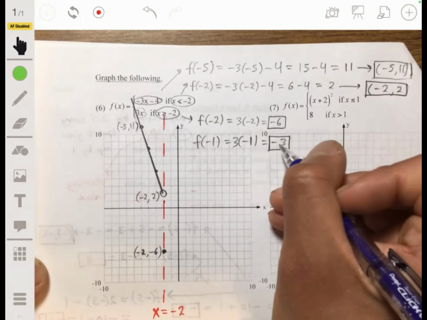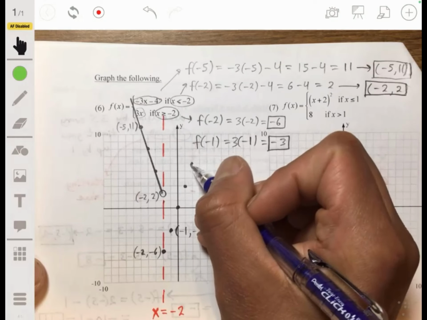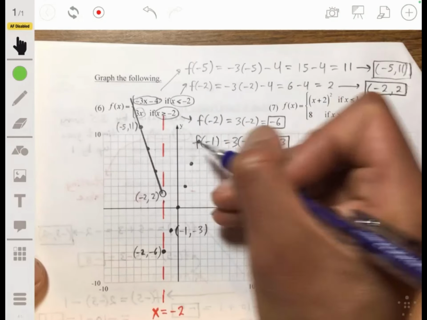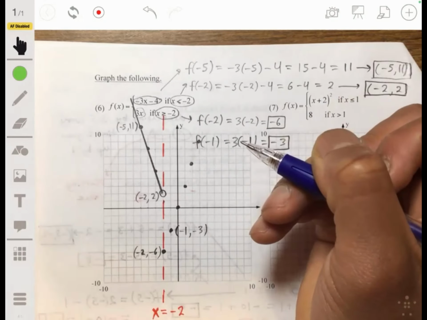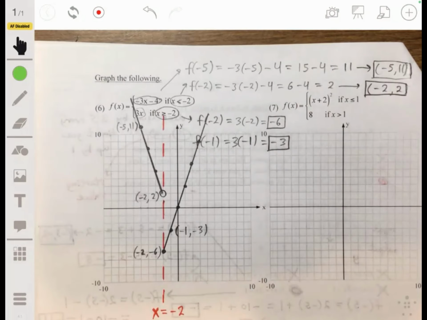And that makes sense because we're going to have a slope of 3, because this is 3x. So we're going to be going up 3, to the right 1, up 3, to the right 1, and just all the way until we get off this graph. And there we go.